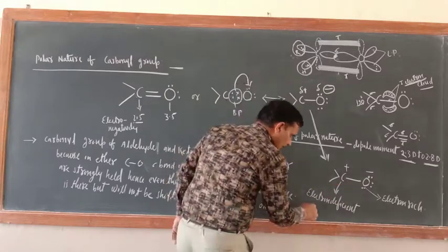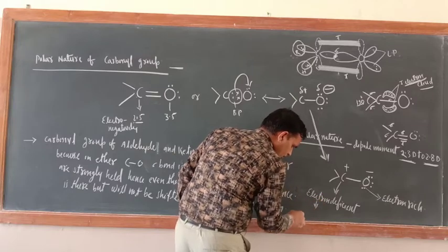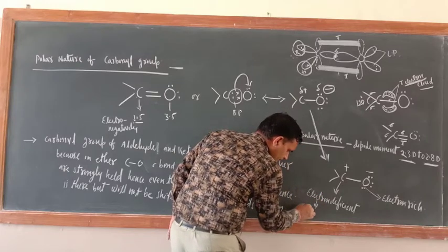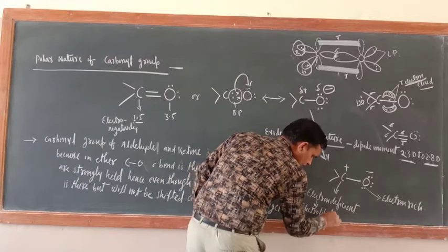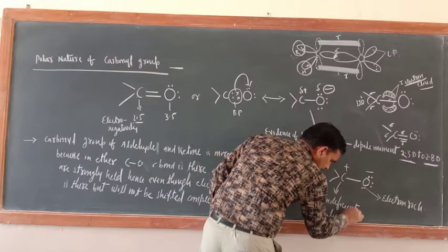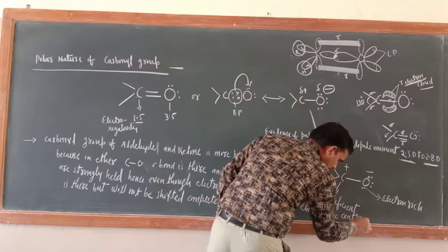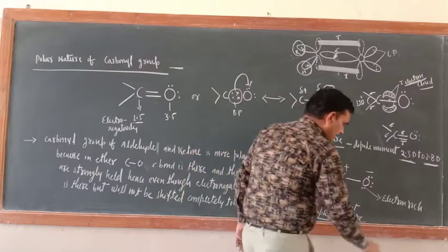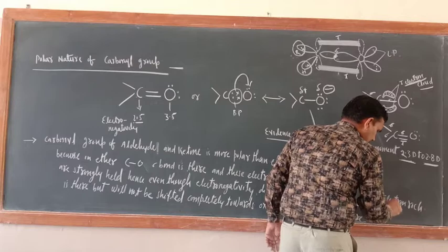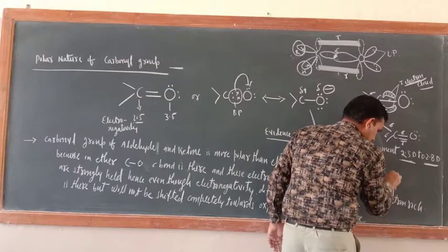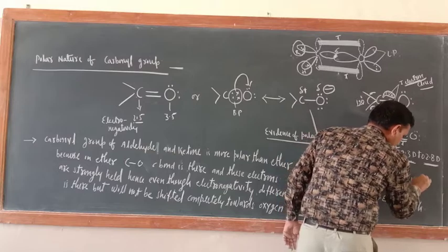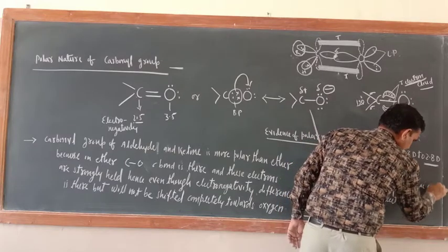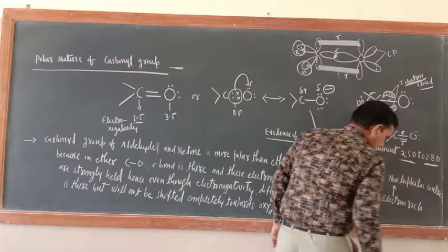The electron deficient center is known as the electrophilic center. Correct or not? This center is the electron rich center, so this is known as the nucleophilic center.